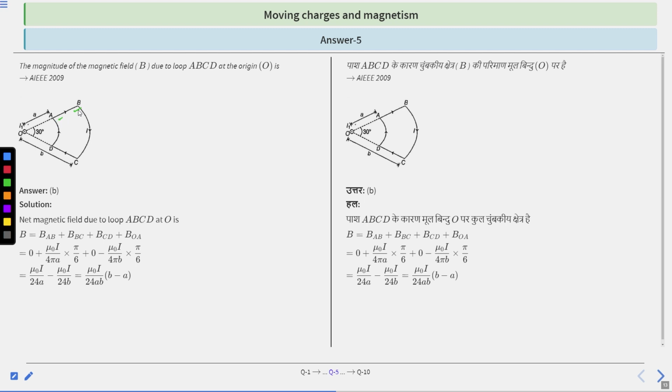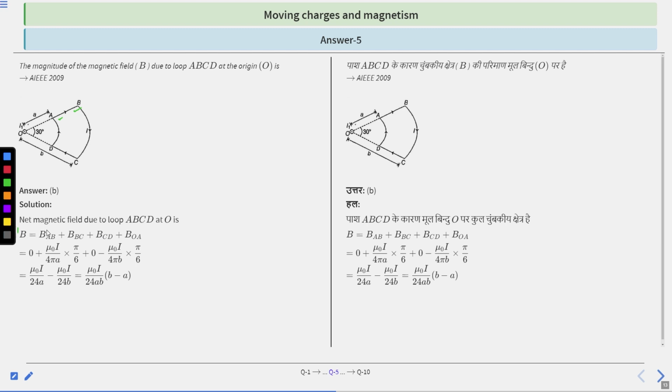So the net magnetic field due to loop ABCDA at origin is B, equal to the magnetic field due to AB, plus the magnetic field due to BC, plus the magnetic field due to CD, and the magnetic field due to OA. Clear? So B is equal to this.